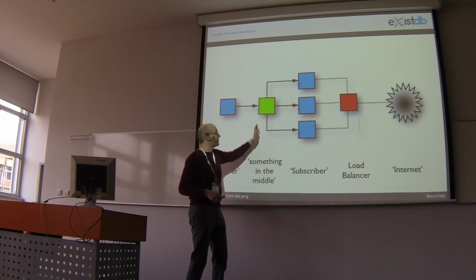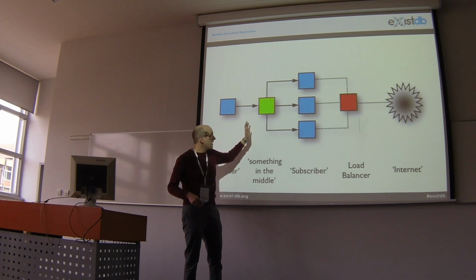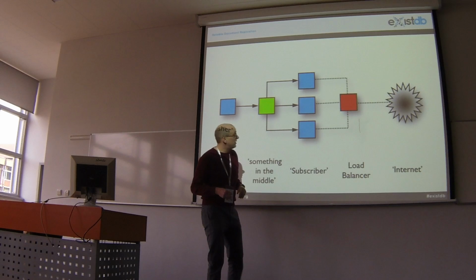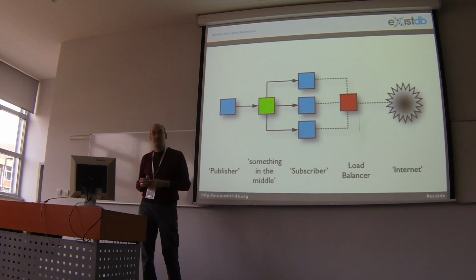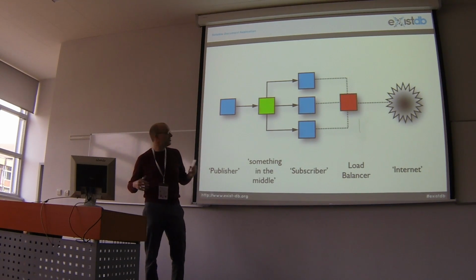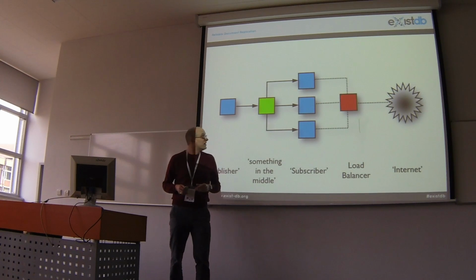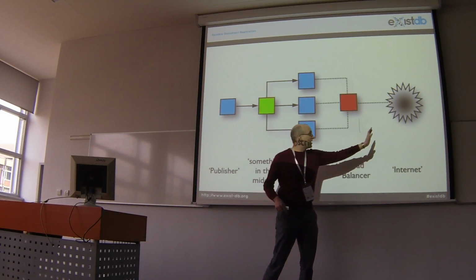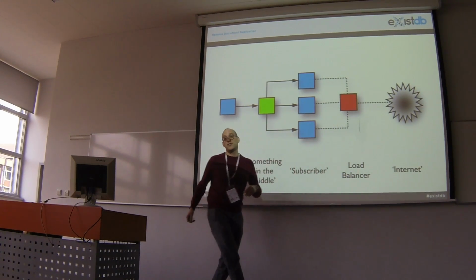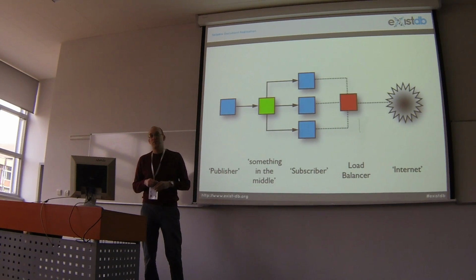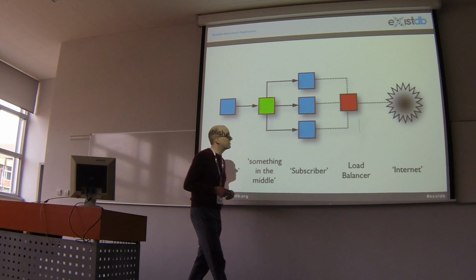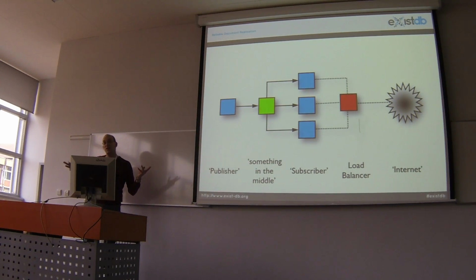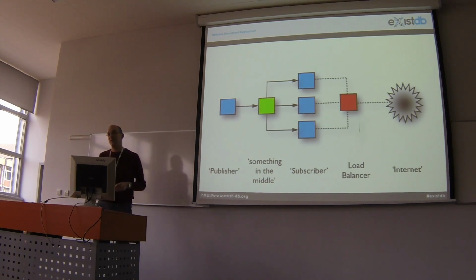Then there's something in the middle that's called the broker. That does the actual routing, and we have identical XSDB instances which only listen to what's coming in from the broker and get the data in. And on the other side, well, we have the big evil internet, where we put a load balancer in between, so the load will be distributed nicely across the existing instances. And this is at least one of the ways of getting a more scalable solution.